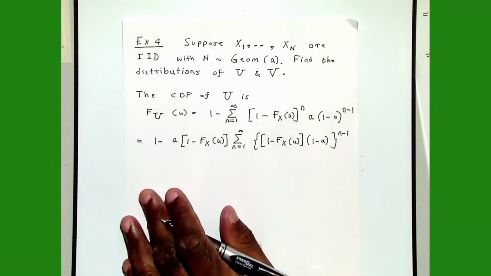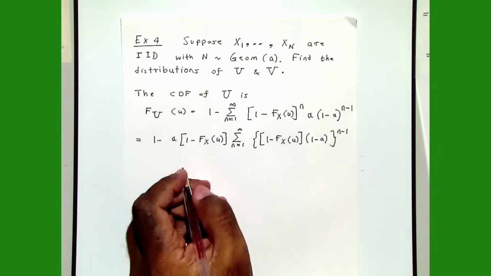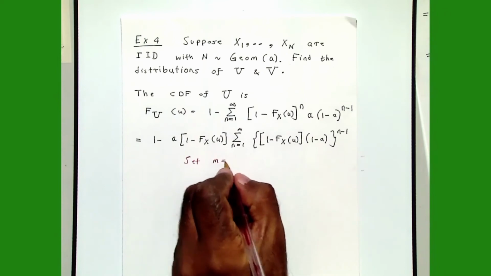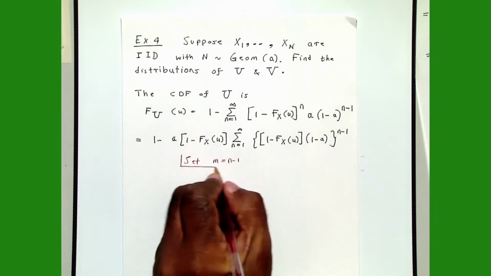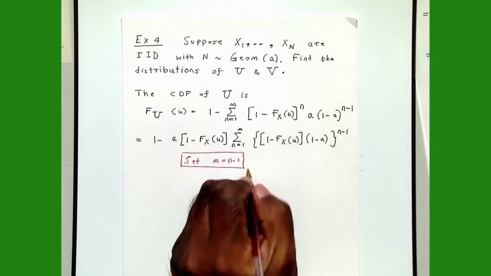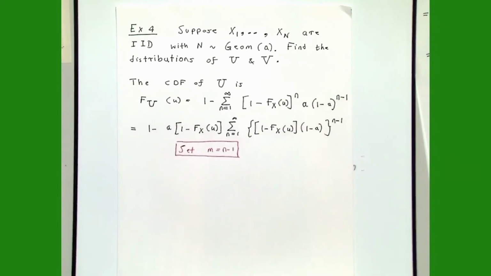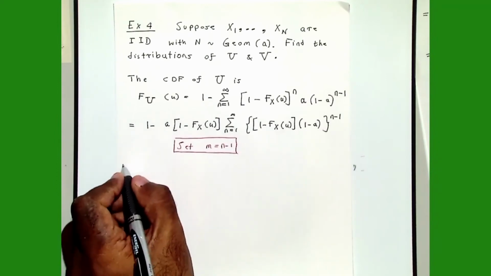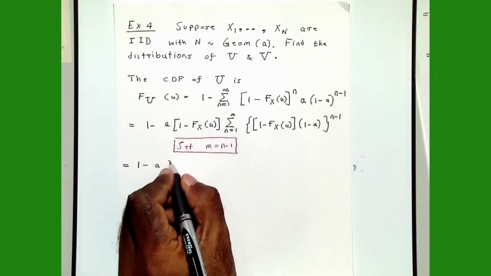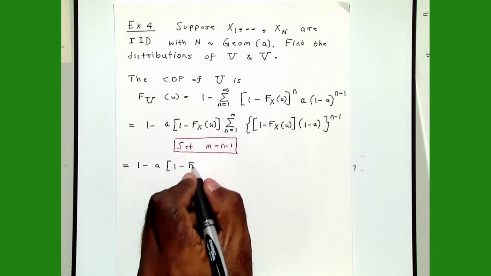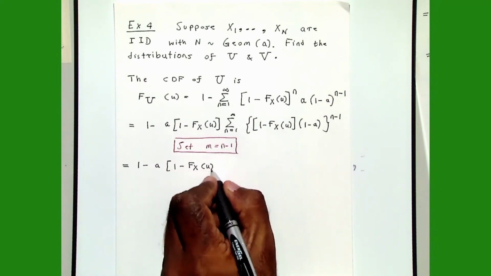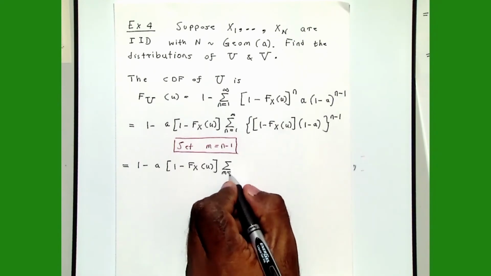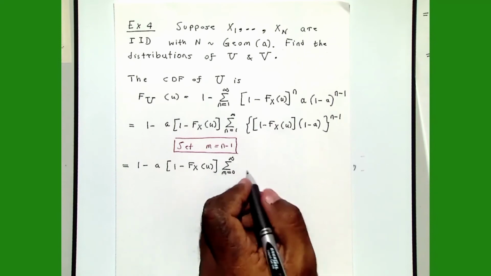All right. And in the next step, I'm going to make a substitution. So I'm going to set m equal to n minus 1. Under this substitution, the sum in terms of m will go from 0 to infinity.